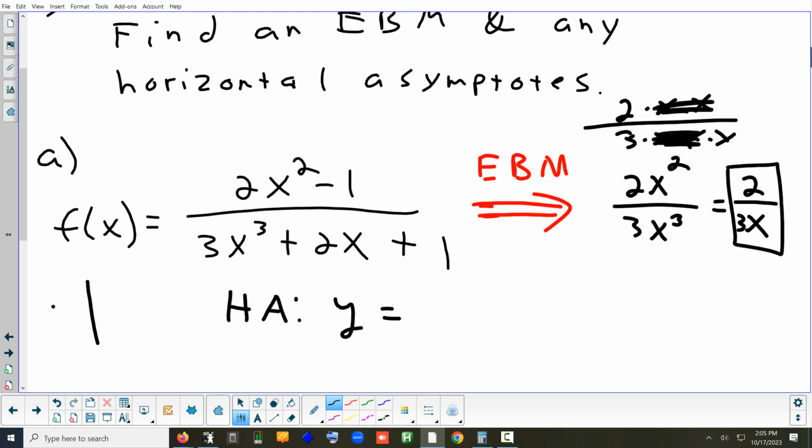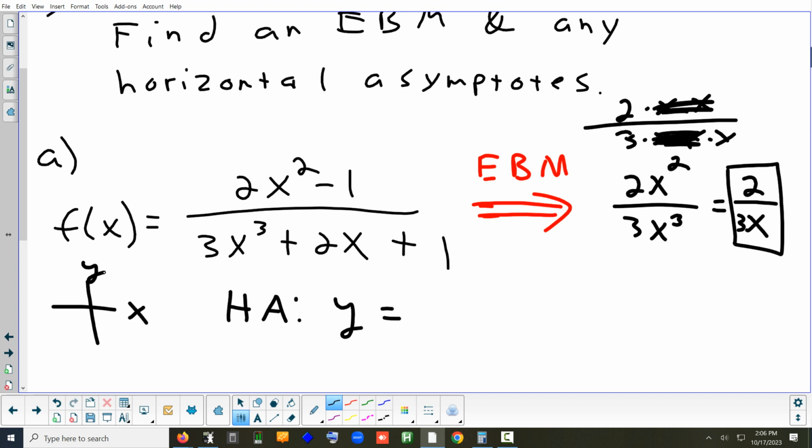If you head further and further to the right, what's happening to the x value? It's increasing, and what is it increasing towards? Infinity. And to the left? Negative infinity. So to find a horizontal asymptote, normally you would look at the picture and see what happens as x gets bigger and bigger.